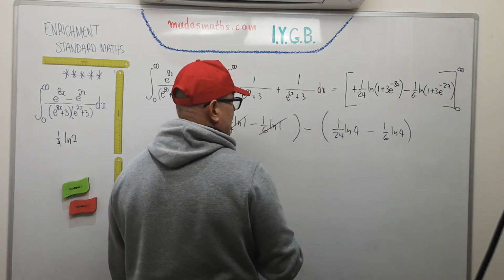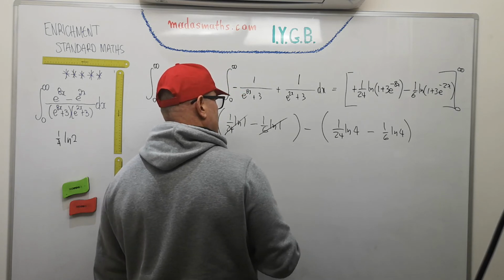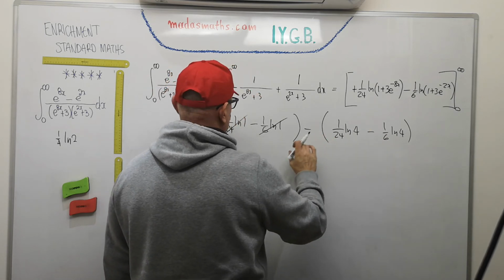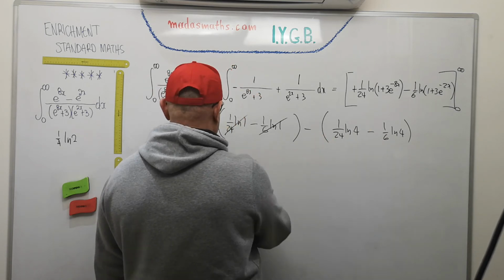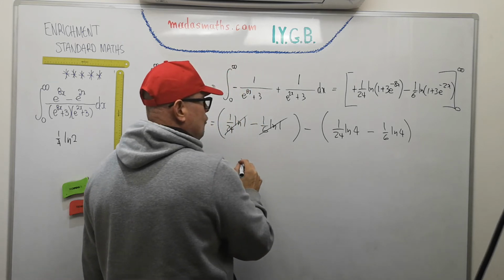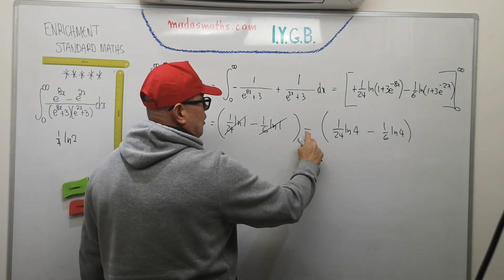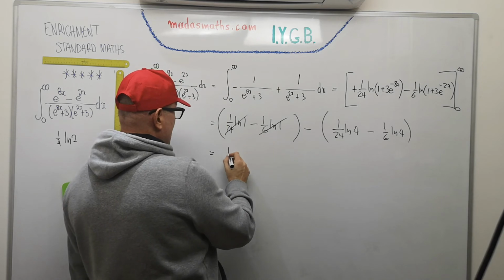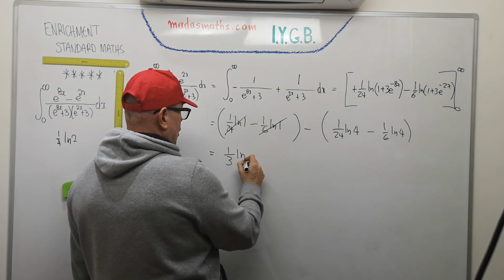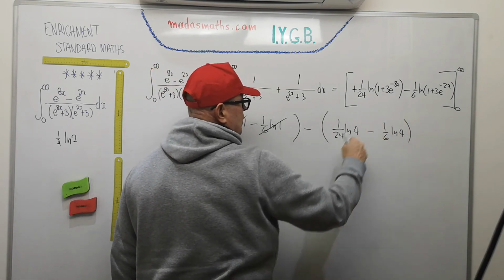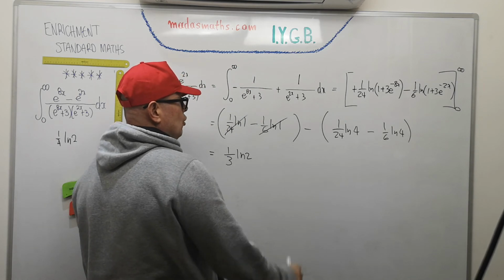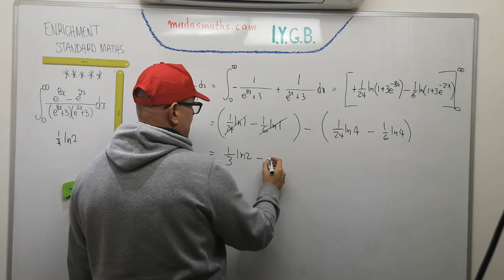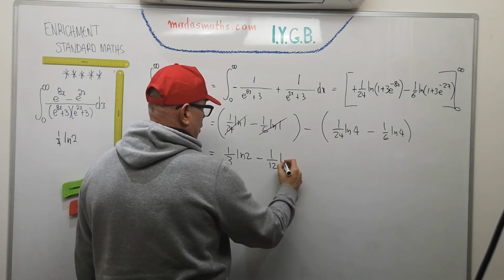And this will now give us, first of all, I'm going to do two things at once. I'm going to change the log 4s into log 2s and also remove this bracket. So it's going to be 1/3 log 2, so 2 squared, bring it to the front, it becomes a third log 2 positive, and then I go minus 1/12 log 2.